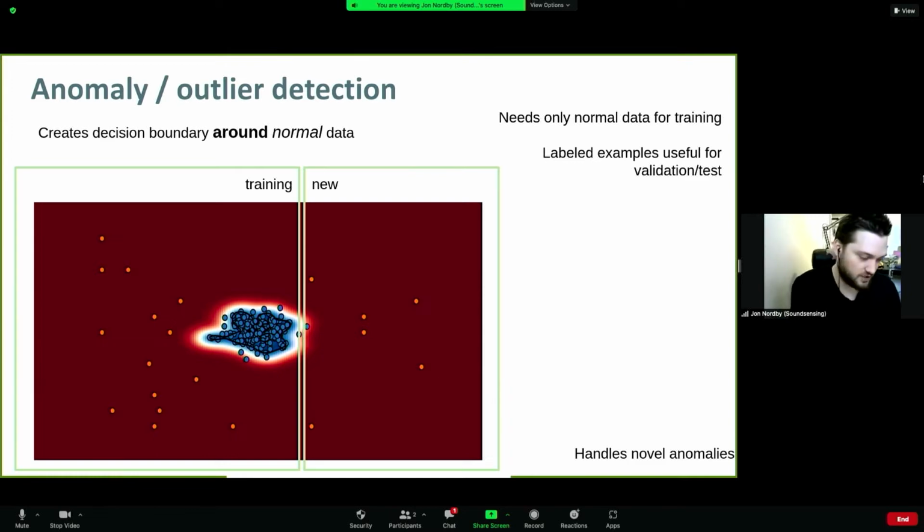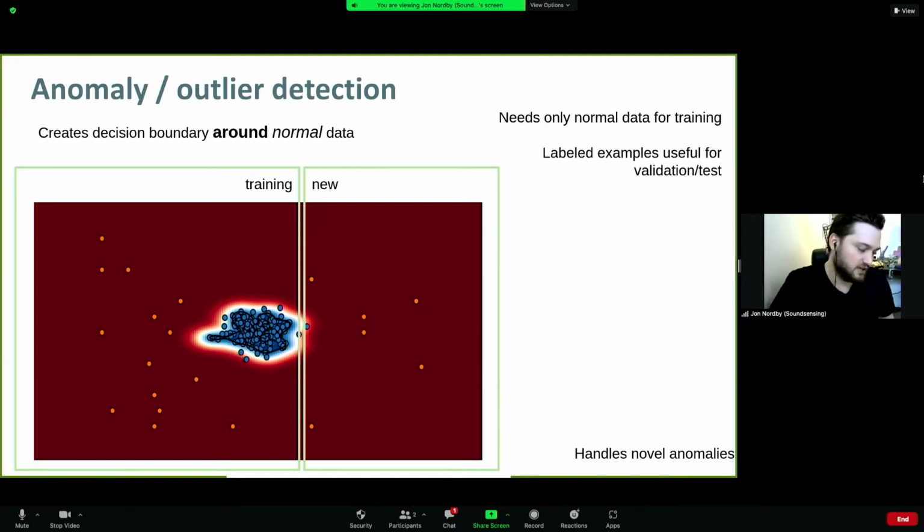Of course, for hyperparameter optimization and for validation and evaluation of performance, you do want some labeled samples, but you can get pretty far with maybe just 10 examples. They just tell you the rough expected performance, because they're not needed for the optimization of the model itself, which is much more data hungry.